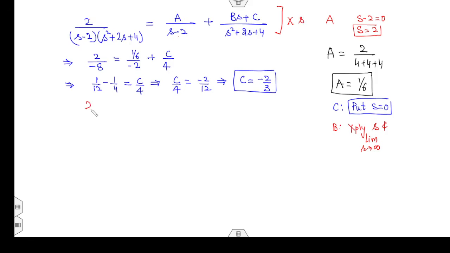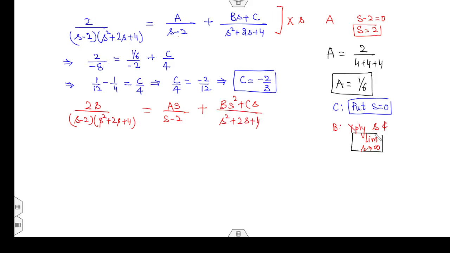So that will be 2s divided by (s minus 2)(s square plus 2s plus 4), equal to as over s minus 2 plus (bs square plus cs) over s square plus 2s plus 4. In the examination you don't need to write this, you can directly take the limit. So what is the limit as s approaches infinity? 0. And the limit on the right side is a plus b. So that means the value of b will be minus 1 over 6, because a is plus 1 over 6.